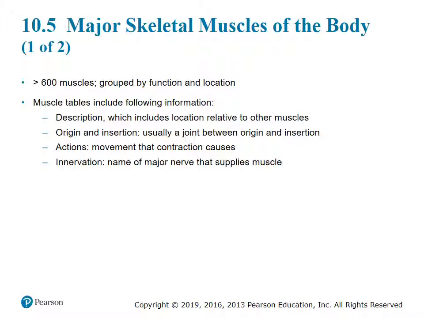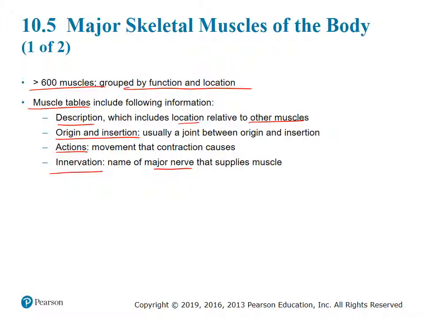Okay, finally, let's talk about these skeletal muscles. There's about 600 muscles. They're grouped by functional location and also named for that. All the tables in our book in this chapter include the description of the muscle, where it's located relative to other muscles, its origin and insertion group, the action it creates, and anything that supplies the muscle, like nerves or blood vessels, which sometimes can also be named.